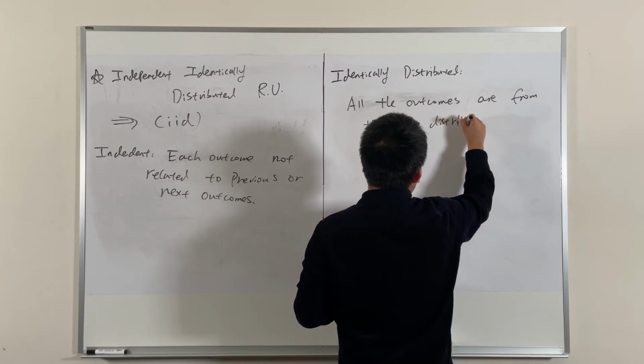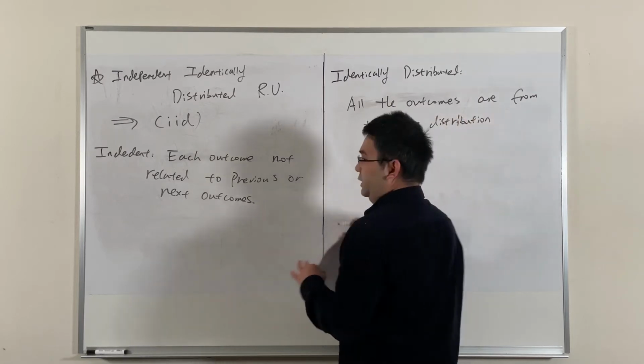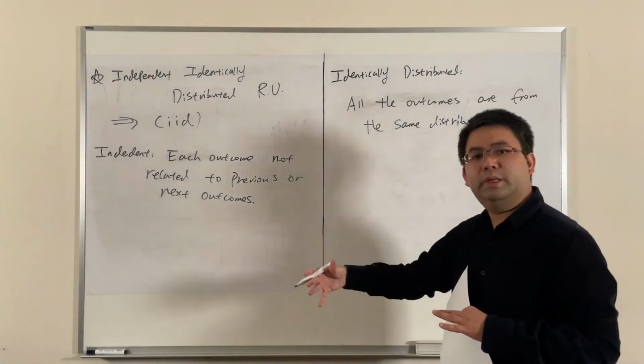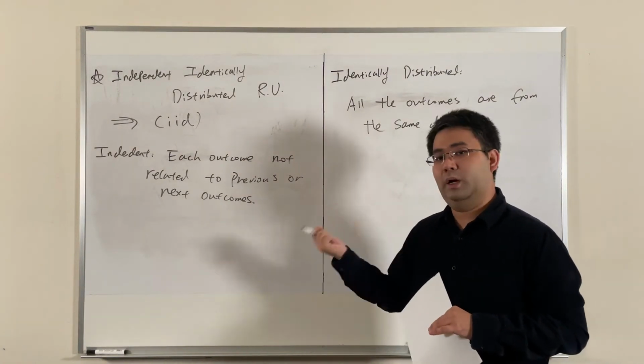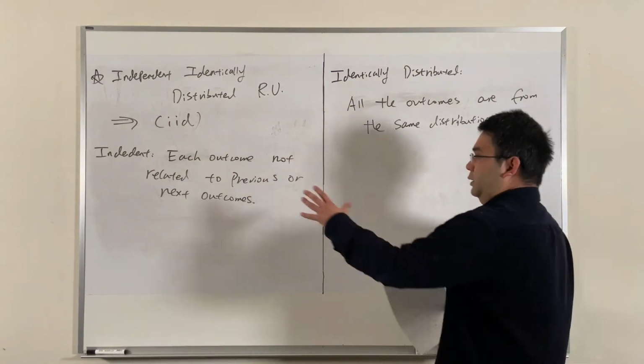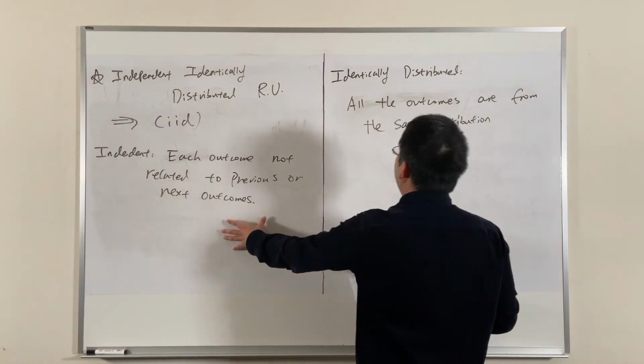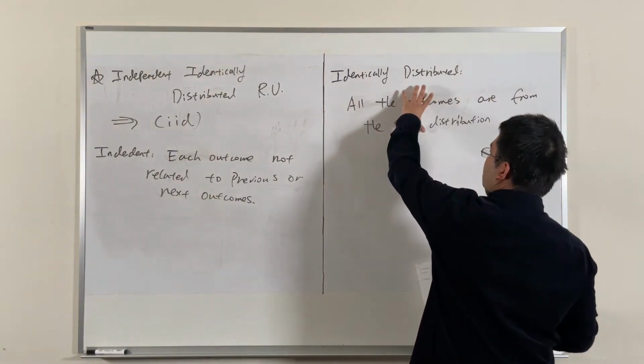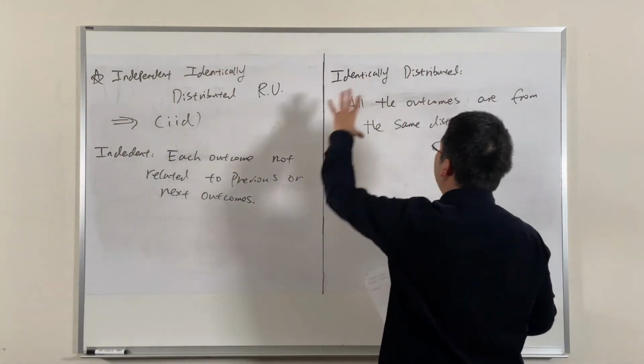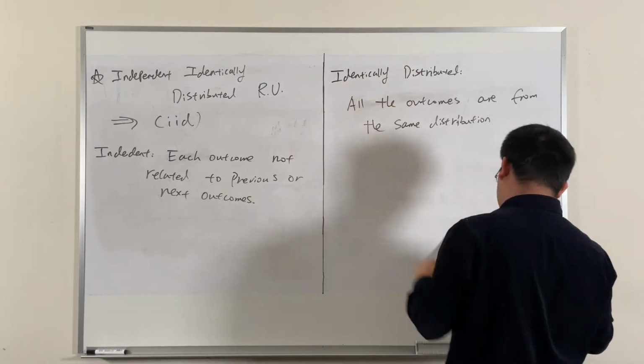In a word, they're from the exact same place, the same distribution that you pick out your outcomes. So each outcome doesn't affect each other, and they're from the same distribution. That's what we call independent, identically distributed.